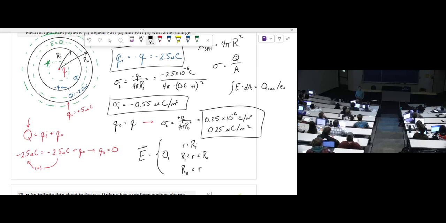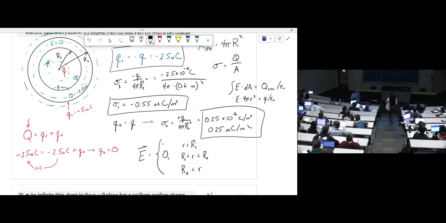Due to symmetry, since this is a uniform charge, we end up getting E times 4 pi r squared equals Q enclosed. Well, that's just going to be little q, as we called it, divided by epsilon naught.